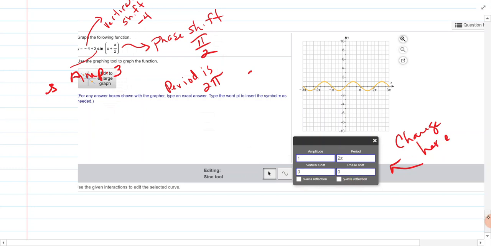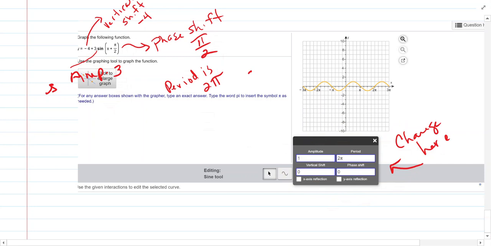I don't know that you have the icon in there. If it were negative, you're going to have a negative vertical shift. So this is the Sine editing tool that will come up. So hopefully that will work for you. Let me know if you have trouble on that.